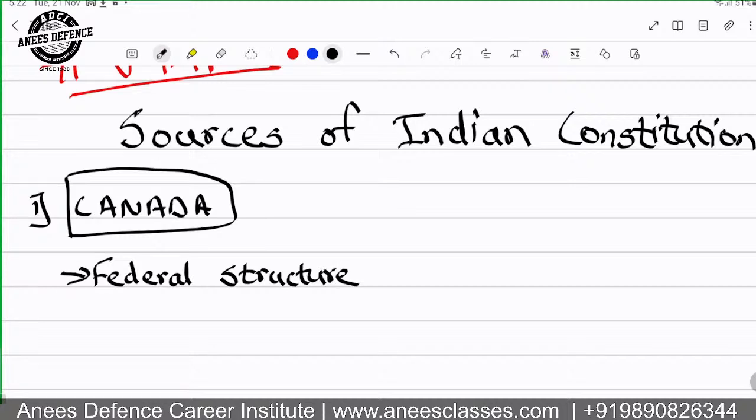In the case of Canada, the central government is very strong. If you have read newspapers, you must have read that there is some event called presidential rule. In the case of presidential rule, the state governments go in complete control of the central government. So federal structure can be divided into two parts. Strong central government.